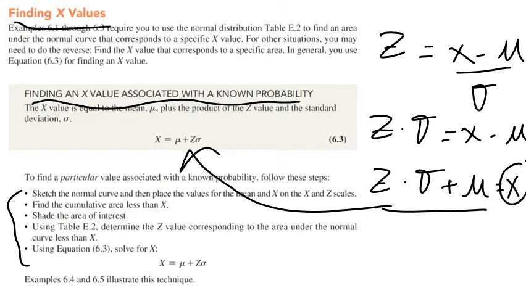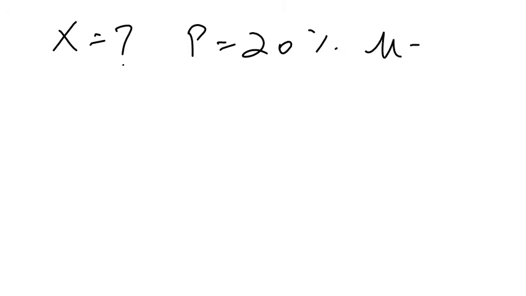So let's do it. For example, in the next slide we do it. We need to find x. Probability is 20%, mu is 18, sigma is 5. So less than 20%.